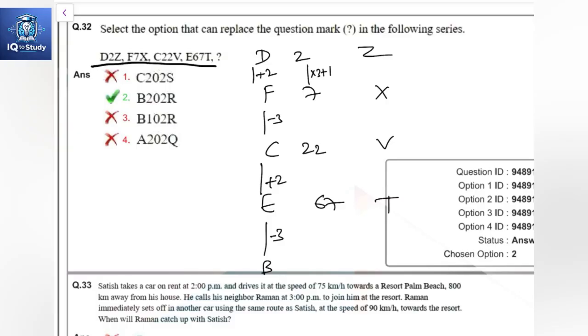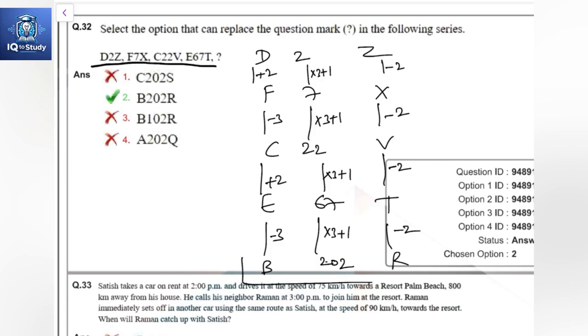And 7 into 3 plus 1 is 22. And 22 into 3 plus 1 is 67. And 67 into 3 plus 1 is 202. And here Z minus 2 is X, X minus 2 is V, and V minus 2 is T. Similarly, T minus 2 is R. So the answer is B202R, which is option number 2.